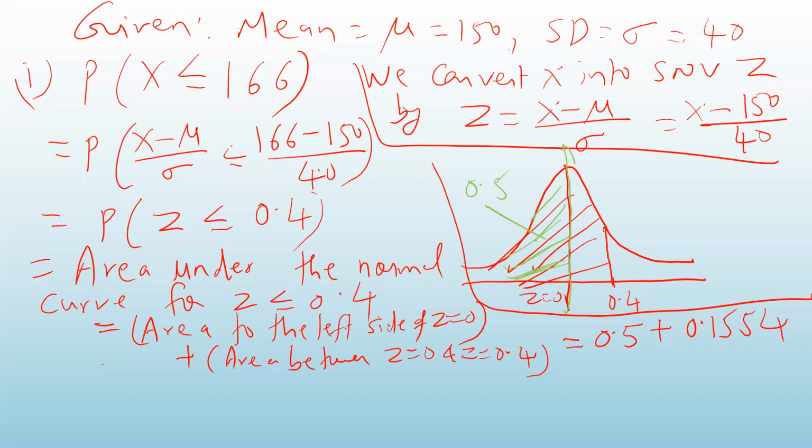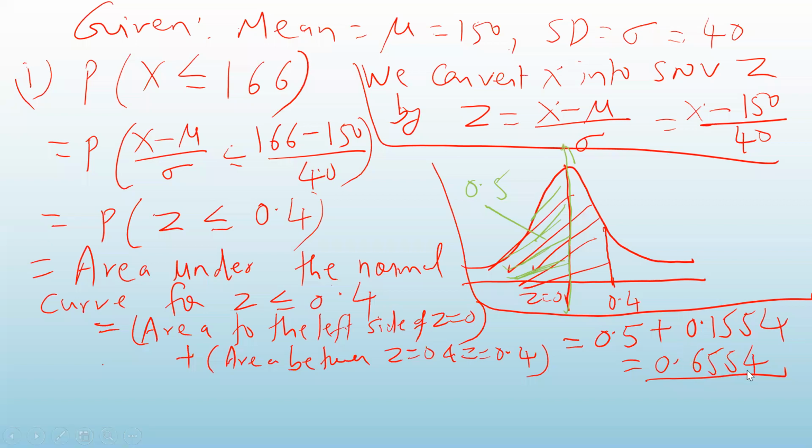So you have to add these two, and you will get the answer 0.6554. So therefore the probability that x is less than or equal to 166 is 0.6554.